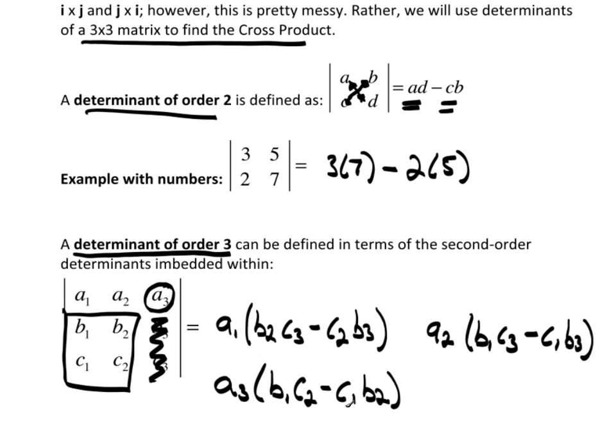Now I have three components here, and the pattern is plus, minus, plus. So this is going to be plus, which means it doesn't really matter. If this turns out to be negative, then it's a negative. This is a negative, and then this is a plus. So it's this component minus this component plus this component. Obviously, all these signs will change depending on the sign of A1, A2, and A3.